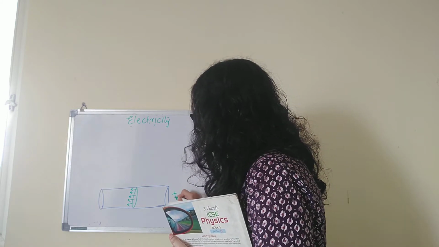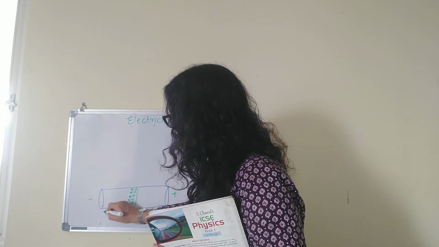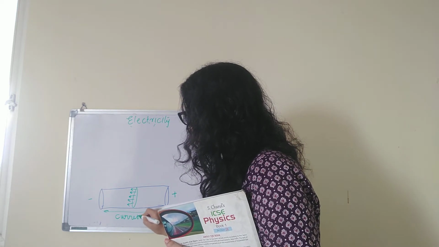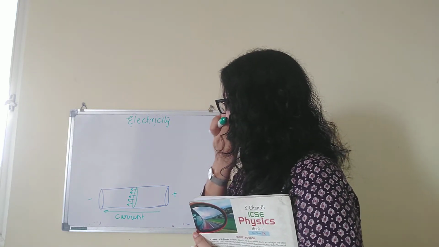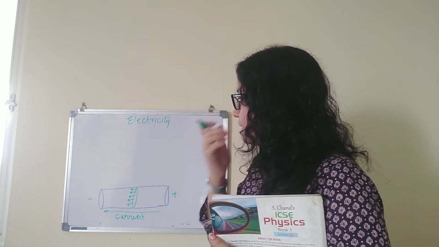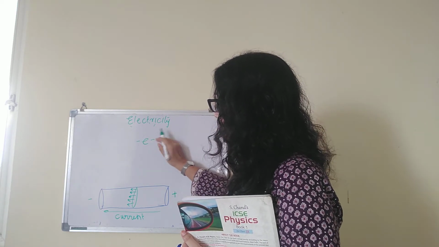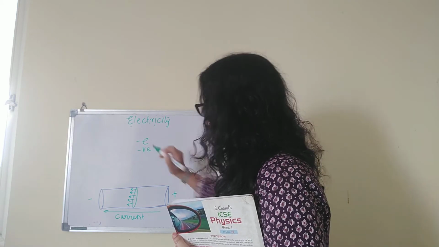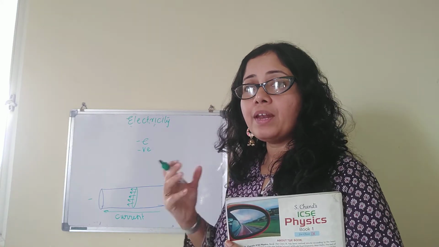Suppose this is the positive terminal and this is the negative terminal. What we learned is that the current is always flowing from the positive to the negative terminal, right? But whenever I am talking about electrons, electrons are negatively charged particles, right? Now these negatively charged electrons, where are they?